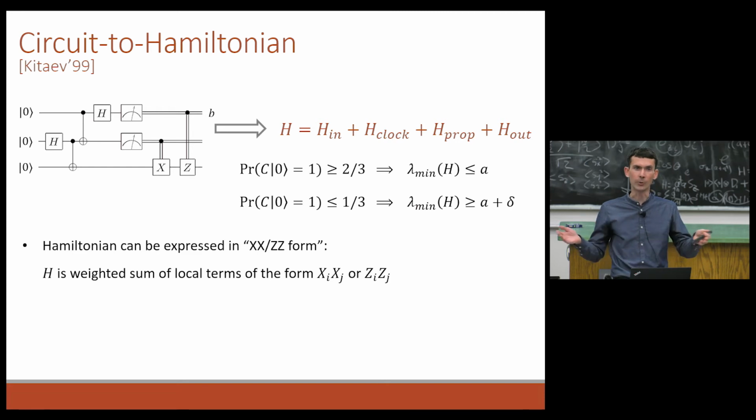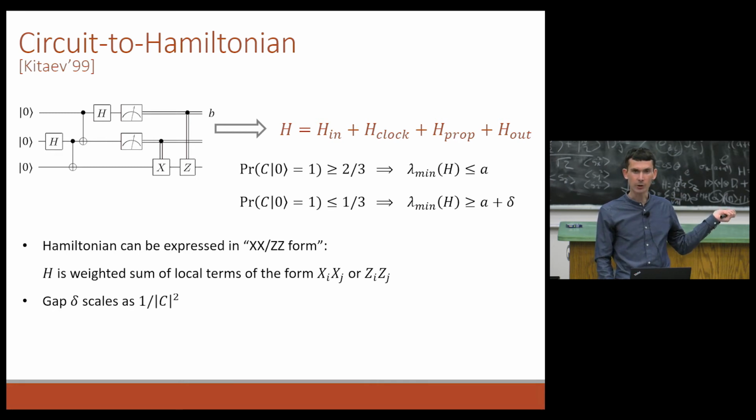So it's just a linear combination with weights of terms that are like this, and I can compute a classical description of the Hamiltonian, and I'm trying to determine what the minimum energy is. And if I could do that to within sufficient precision to distinguish between these two cases, that would tell me which category my circuit falls in.